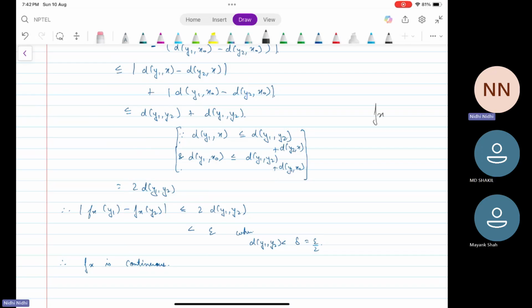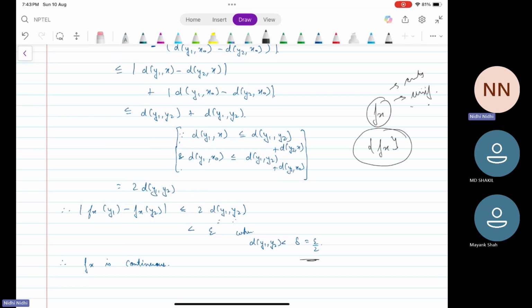For equicontinuity, f_x is a function, and when we consider this as a collection, we talk about equicontinuity for a collection of continuous functions. For a function f_x, we talk about its continuity and uniform continuity. When epsilon delta are independent of y1 and y2, we say that the function is uniformly continuous.